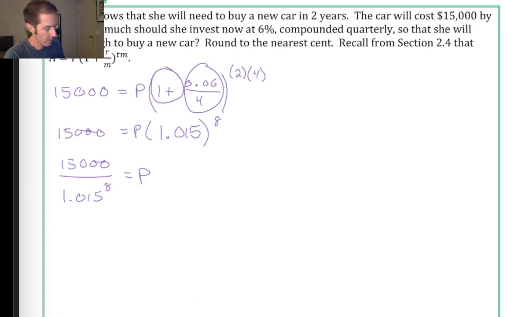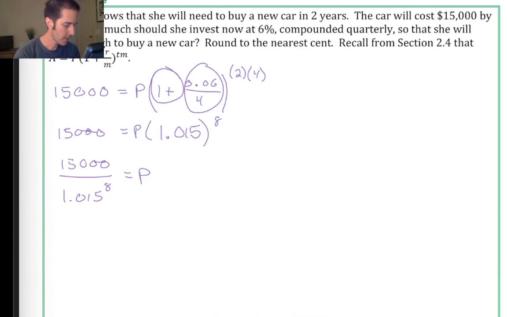All right, I'm going into my little scientific calculator here. 15,000 divided by 1.015, and then I'm going to hit the exponent button, which looks like y to the x, and then I'm going to hit 8, and then I'm going to hit equals, and I got $13,315.67.